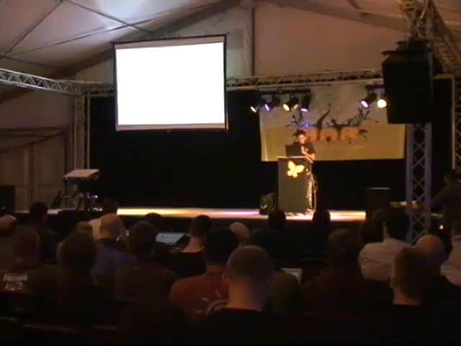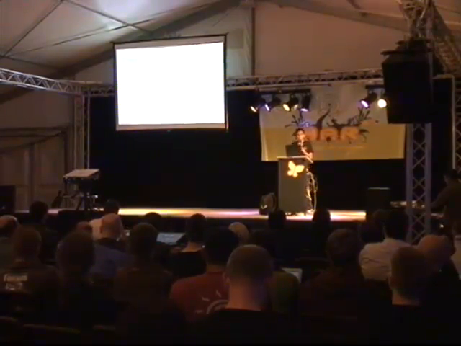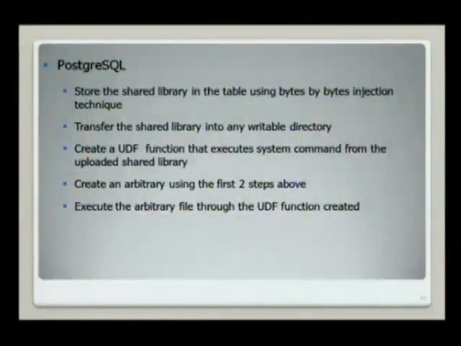In PostgreSQL, you can simply use the UDF injection technique. The UDF injection technique is where you create a UDF function that can execute system commands. Basically, you store your shared library in the tables first, then dump your shared library into any writable directory, and then use the create command to create a UDF function from the file that you just uploaded.